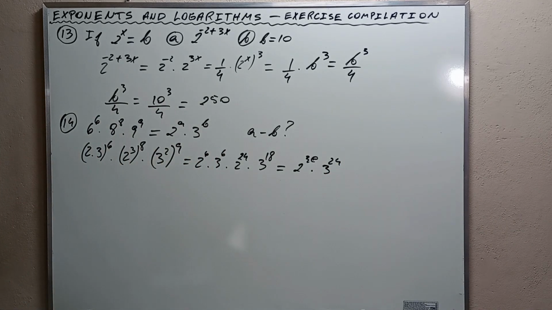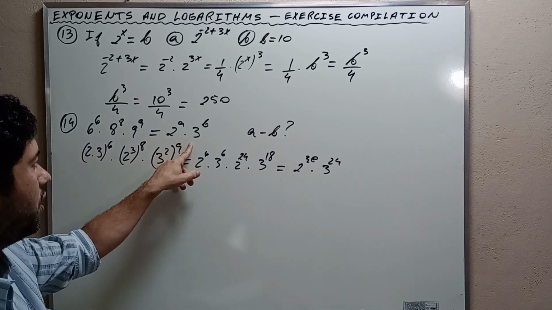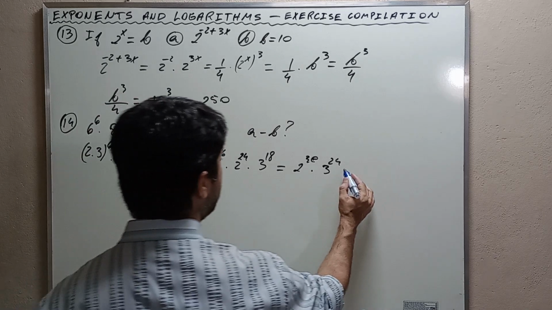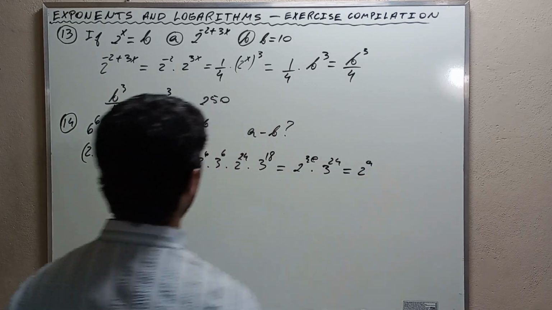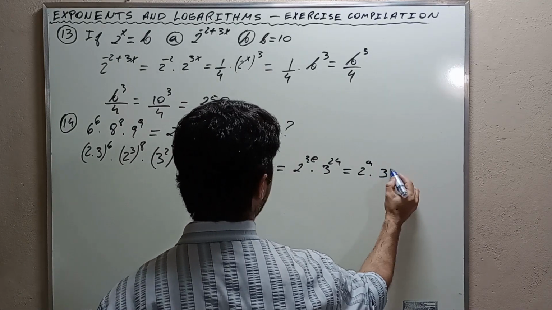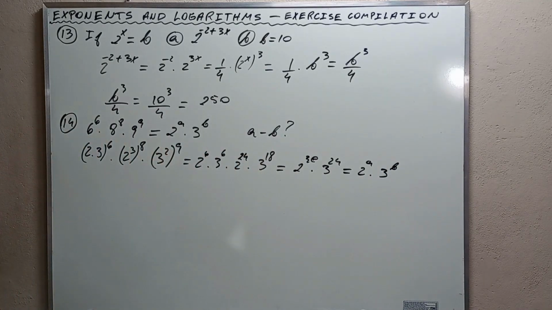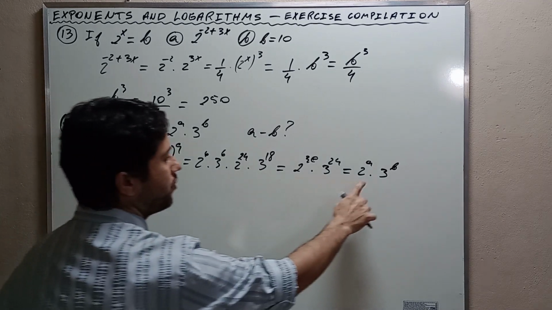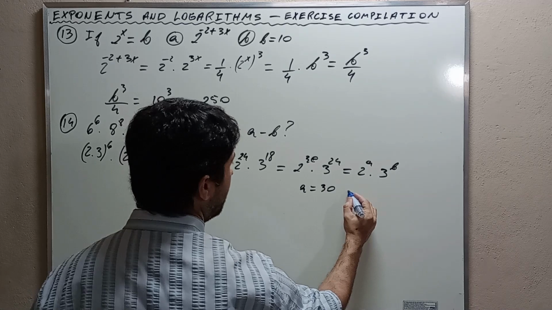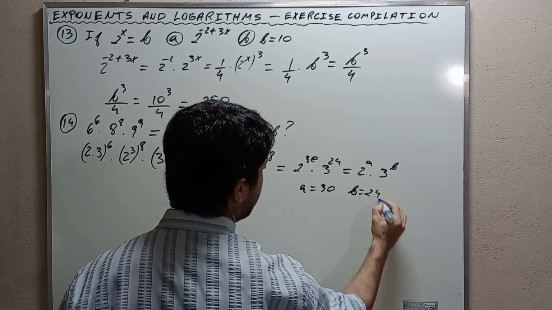Okay? The exercise required us to equal this to this. Alright? And this is equal to 2 raised to the power of a times 3 raised to the power of b. And we know if this is equal to this, then a is equal to 30 and b is equal to 24.